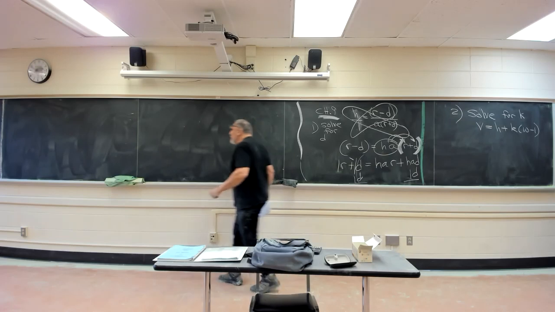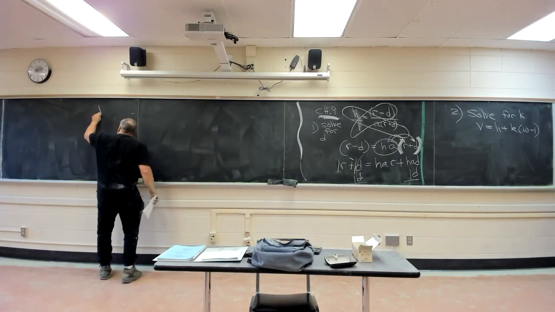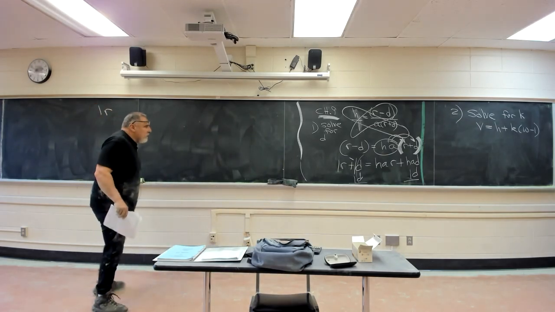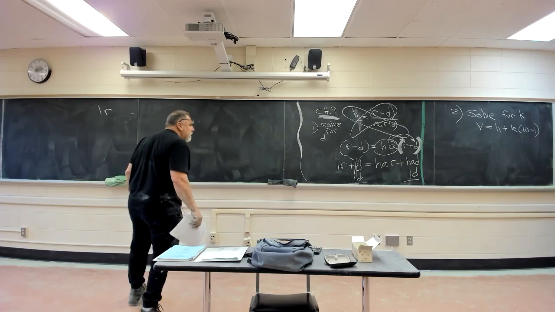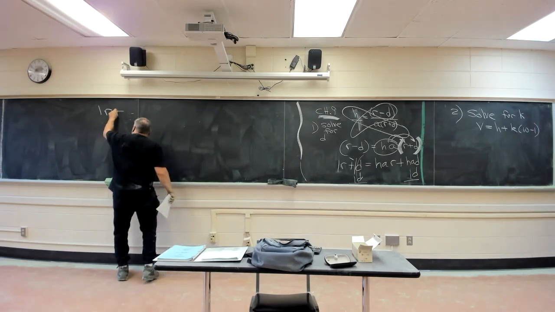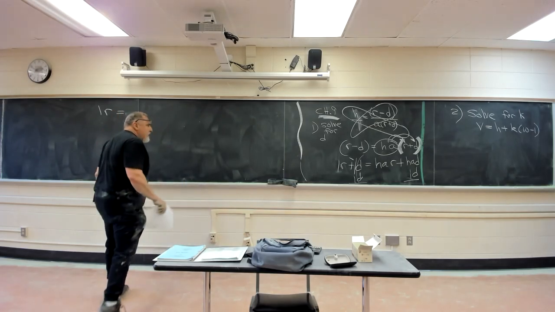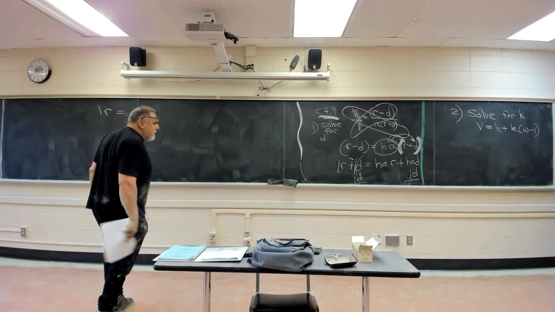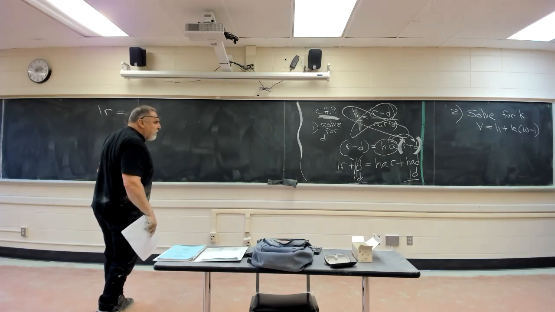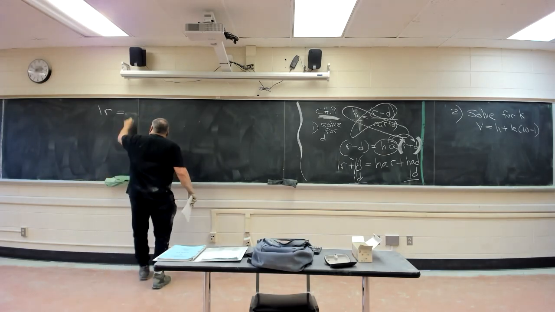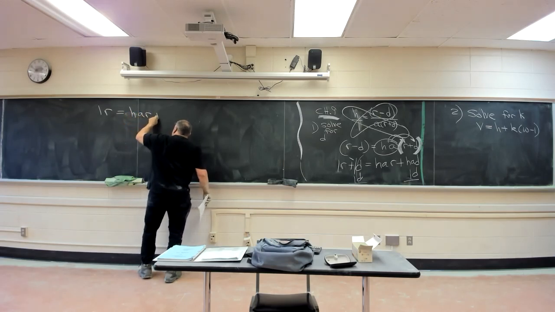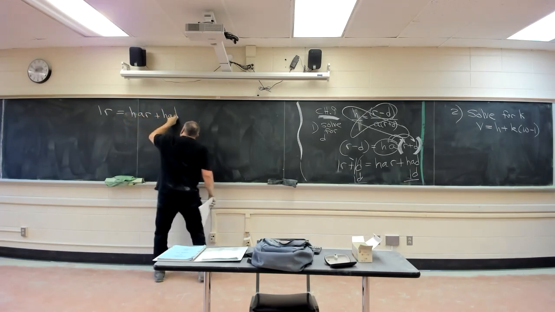You end up getting 1R. So you added 1D on each side. You saw me do it. HAR plus HAD plus 1D.